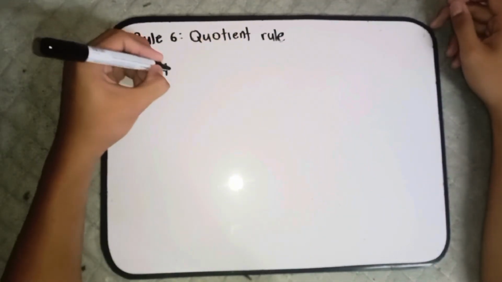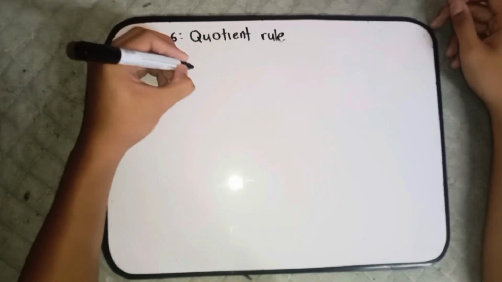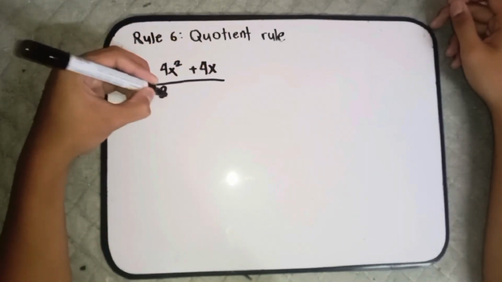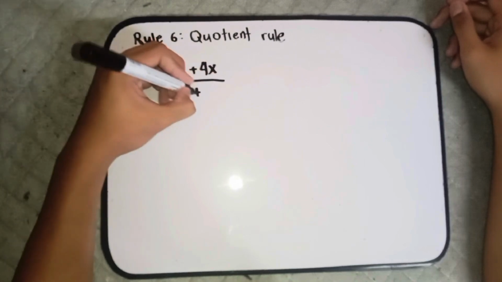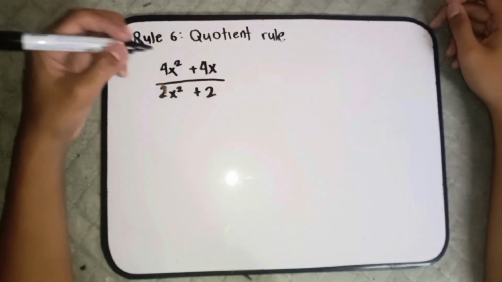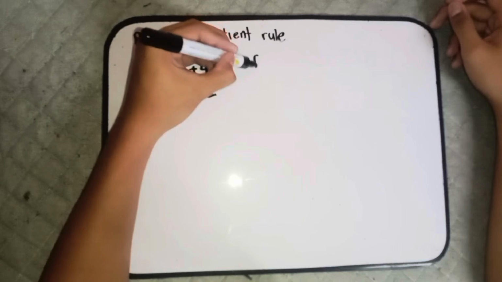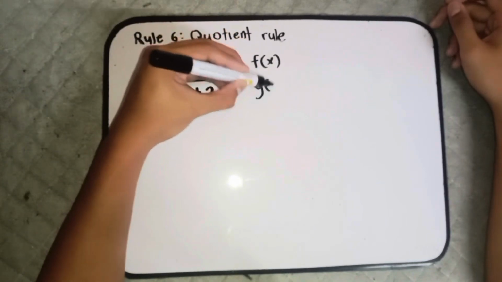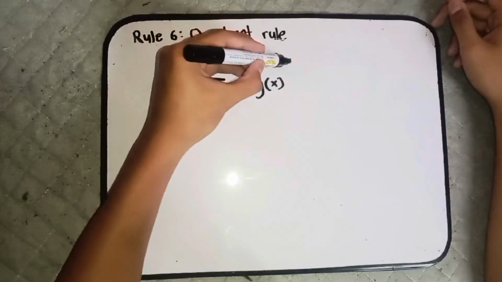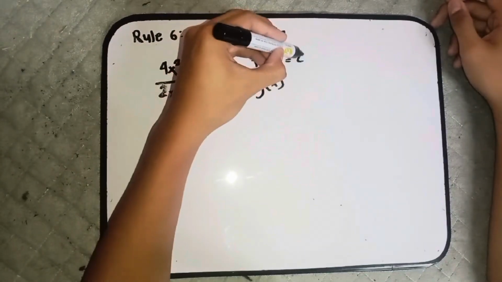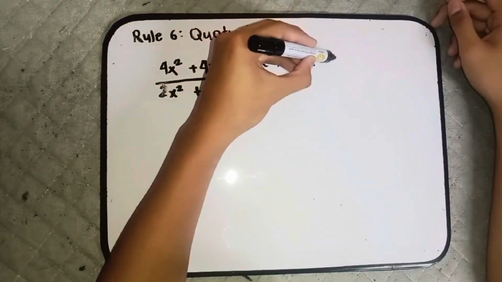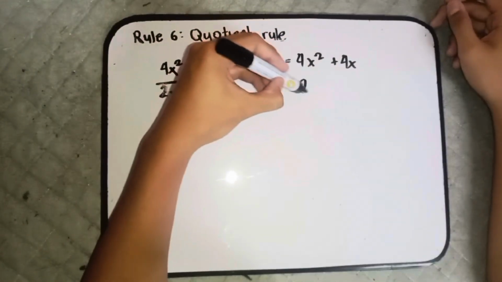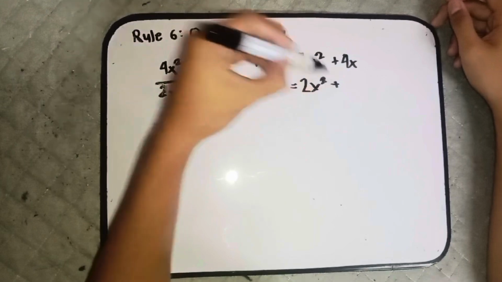Let's use 4x squared plus 4x all over 2x squared plus 2. The numerator will be our f of x, while the denominator will be our g of x. F of x is equal to 4x squared plus 4x. And our g of x is equal to 2x squared plus 2.